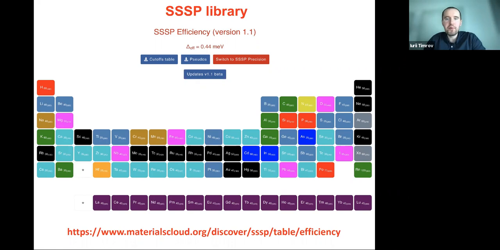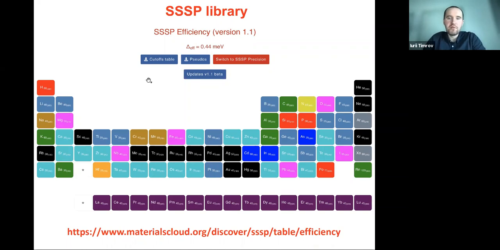Many properties were computed, like phonons, total energies, and many other properties. For each pseudopotential, all these properties were compared with all-electron calculations that do not use pseudopotentials at all. So that is the reference. And by doing this comparison, we pick the best performing and the most accurate pseudopotentials.